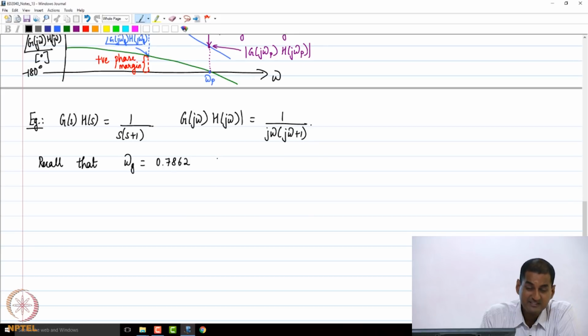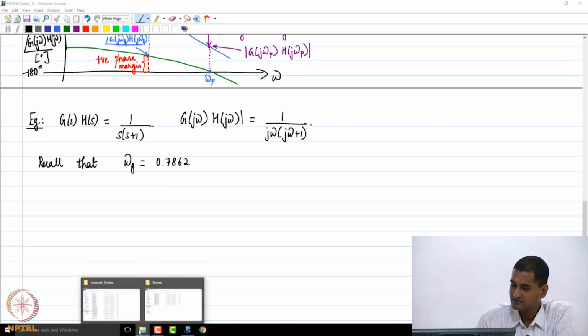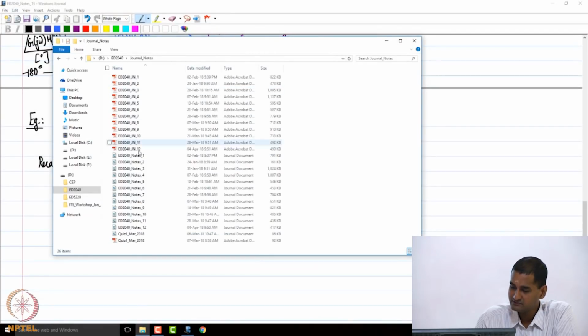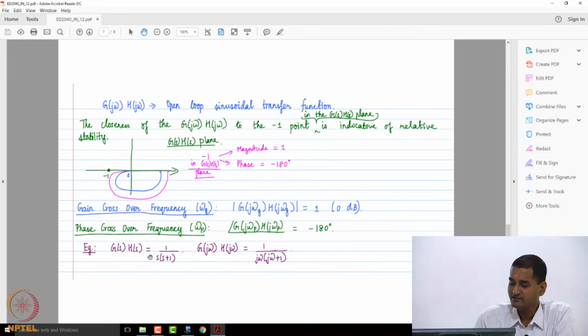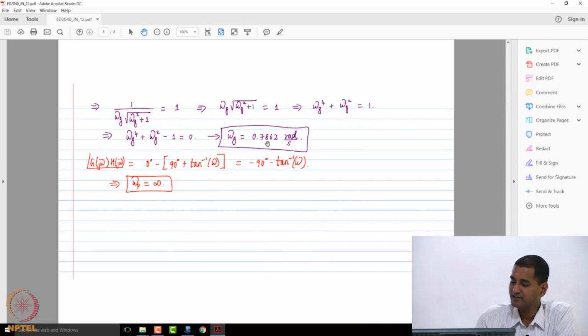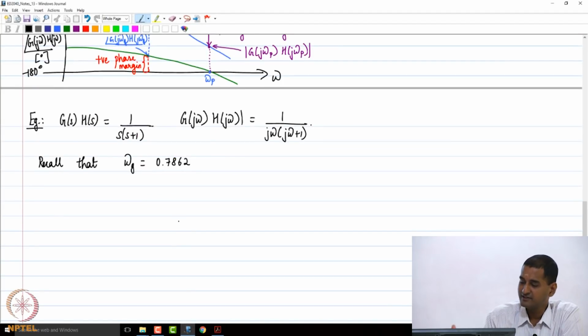I think we did this example in the previous class, and that's where we stopped. Let me go back. Yes, this is where we stopped. We calculated omega g as 0.7862 radians per second, and omega p was infinity.